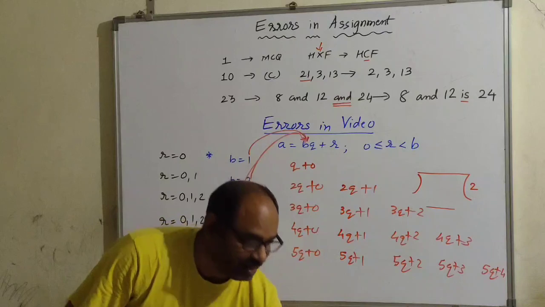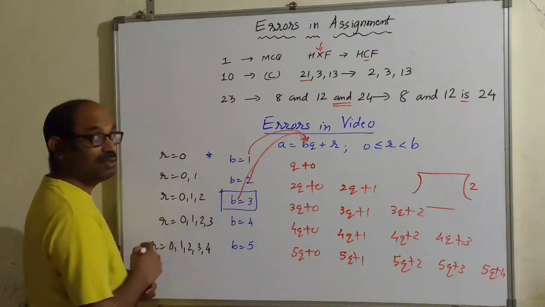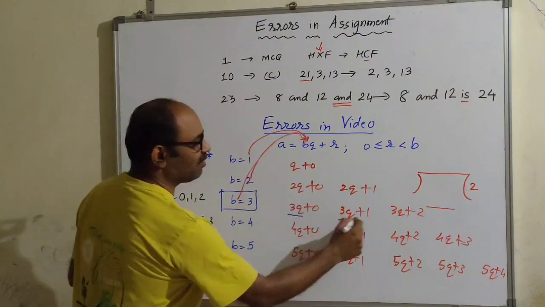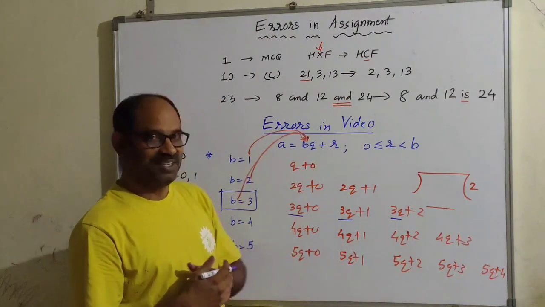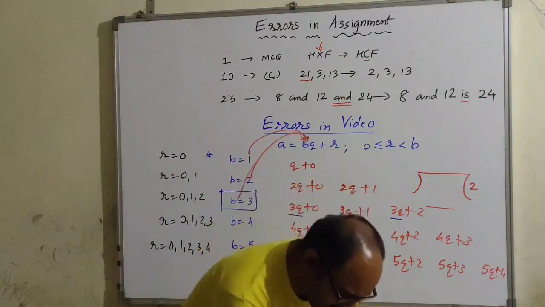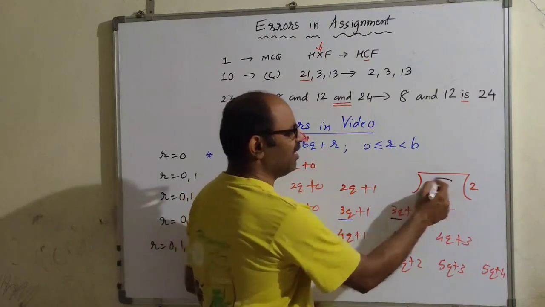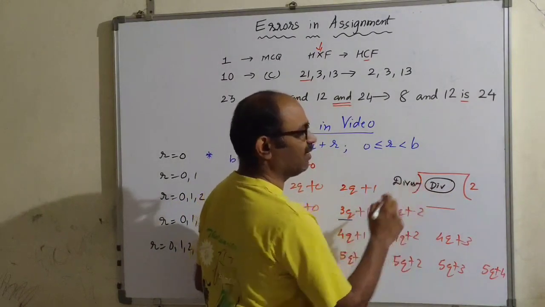Well, the mistake I made in the video is, when I took B equal to 3, instead of writing 3Q, I wrote 2Q and I did not notice it at that time. And one more error that I made, I divided this dividend by a divisor, correct?